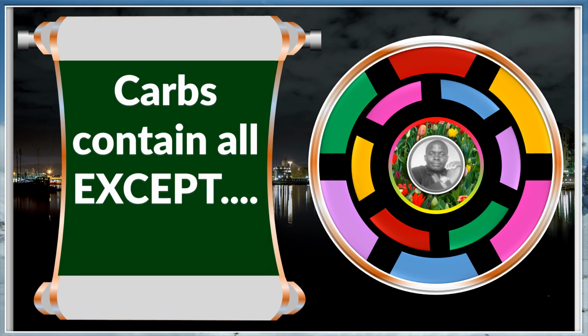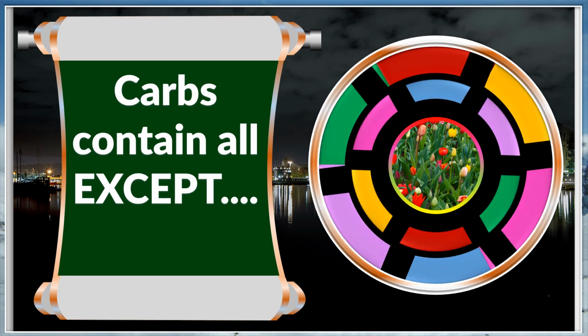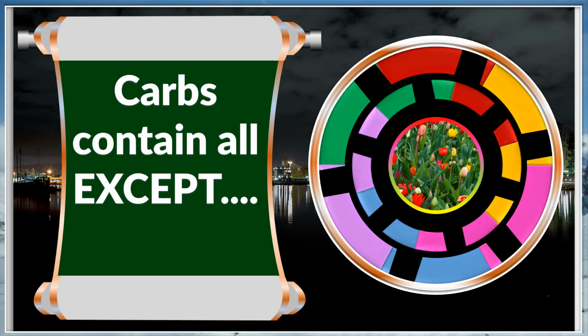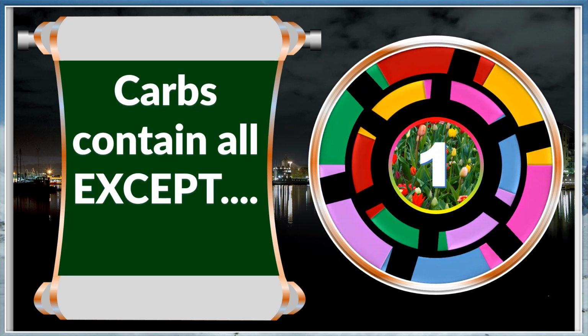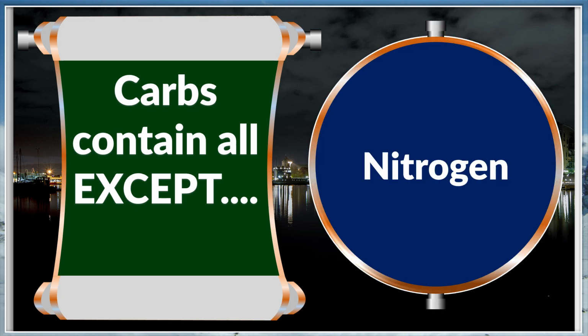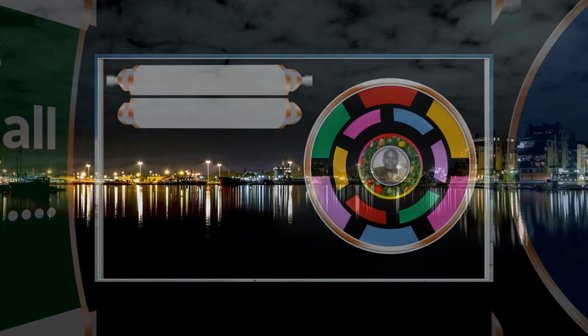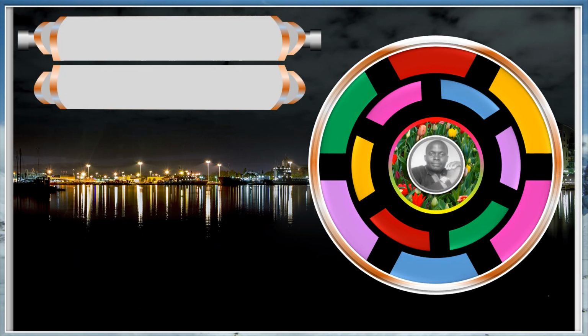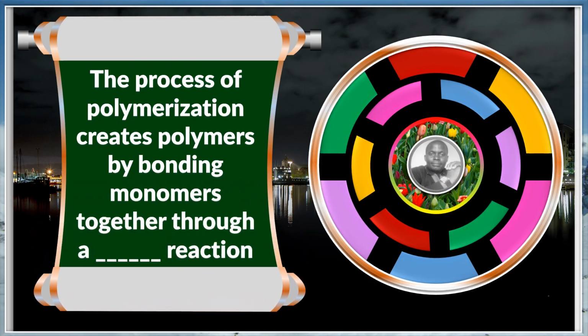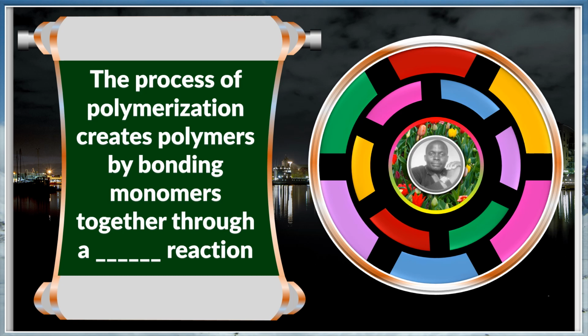Carbs contain all except nitrogen. The process of polymerization creates polymers by bonding monomers together through a dash reaction.